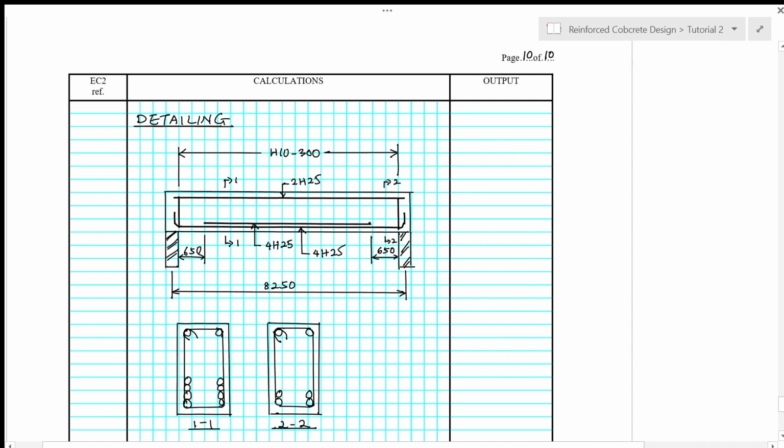And as you cut across section 2-2 near the supports, then you see only 4 bars. We have already cut off 50% of the bars. So we only need 50% of bars near the support, as you can see from the additional tension reinforcement for shear calculation later.